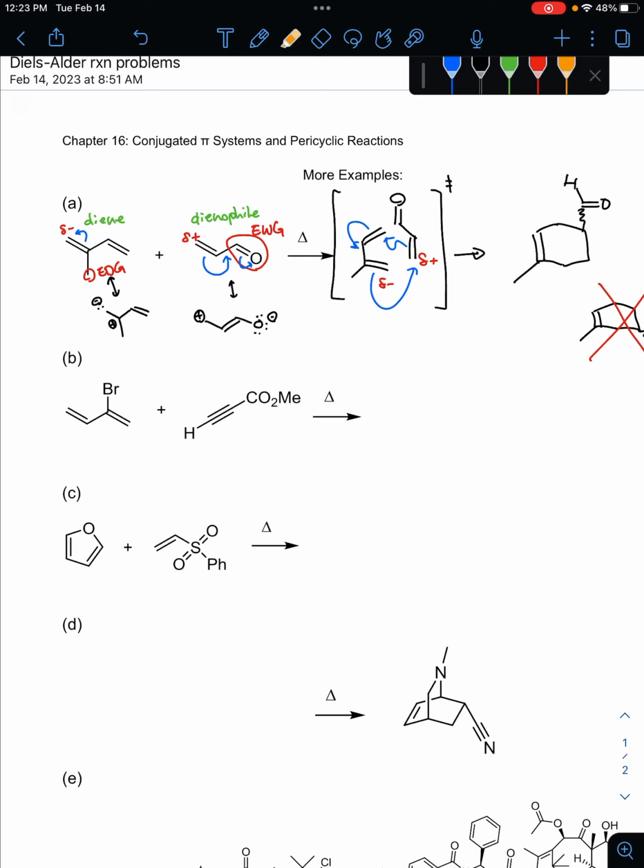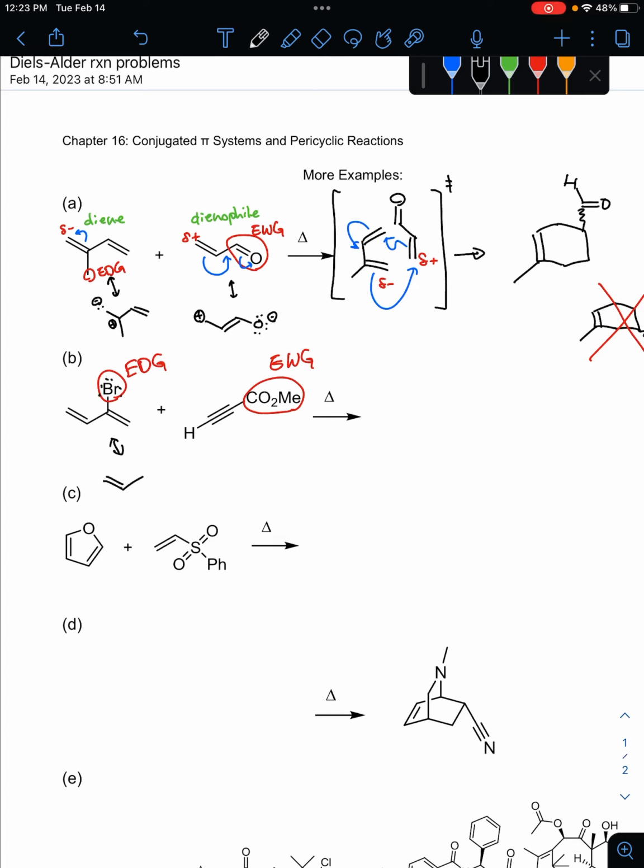And we indeed have an electron withdrawing group, so this does indeed make a good dienophile. So let's think about the resonance first to figure out the regiochemistry then.